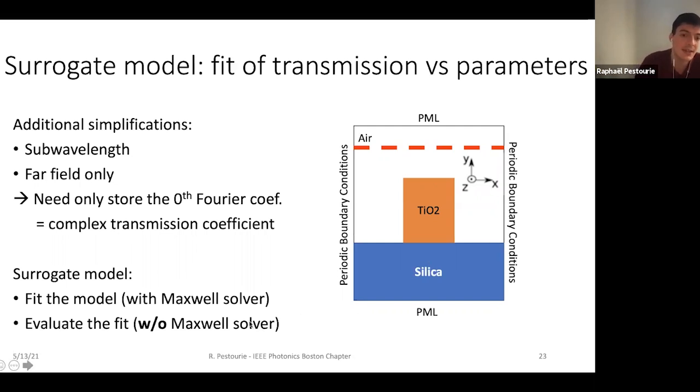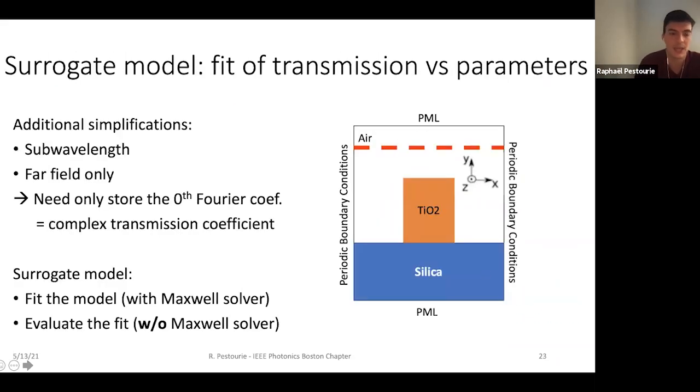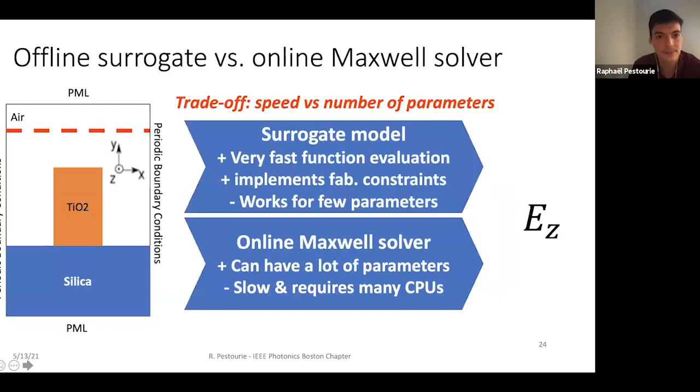And then at runtime, when you use your hybrid solver, you can put Maxwell's equations aside and use your very fast surrogate solver instead. And so this bottleneck is really alleviated, because if you get 3 orders of magnitude increase in speed there, then you're just 3 orders of magnitude faster.